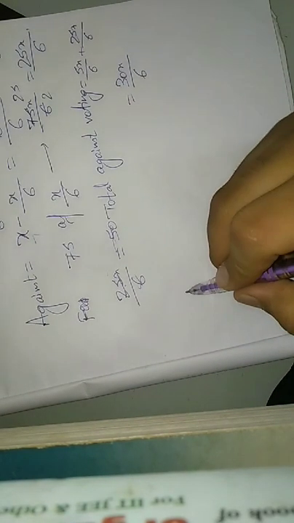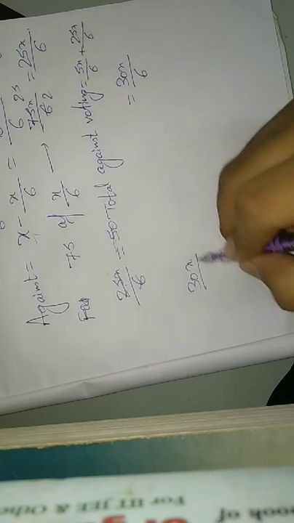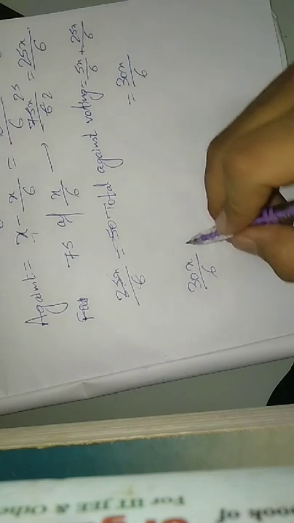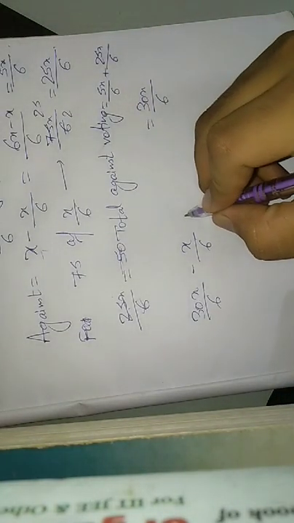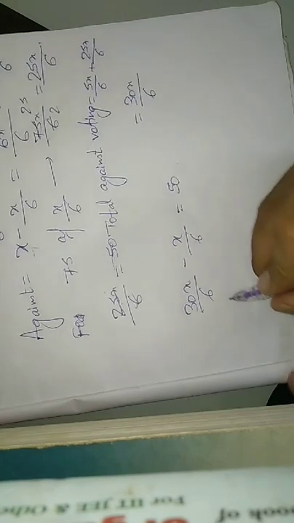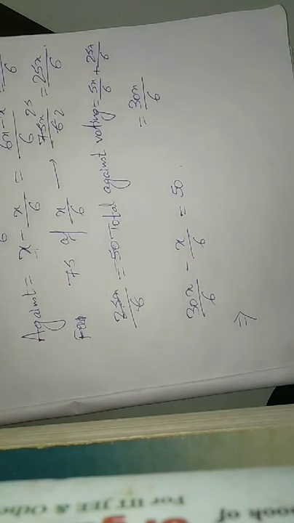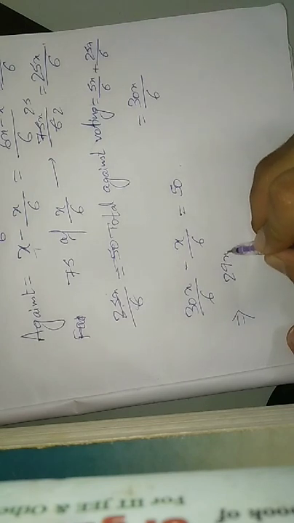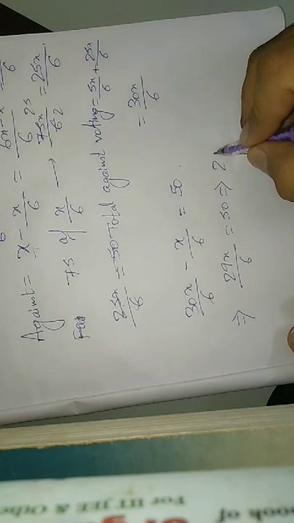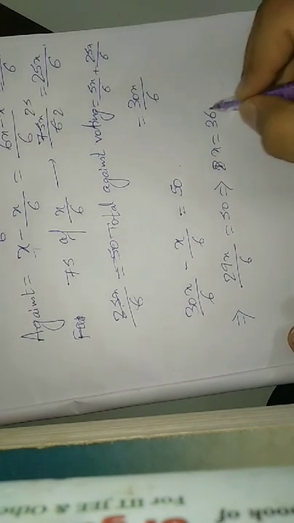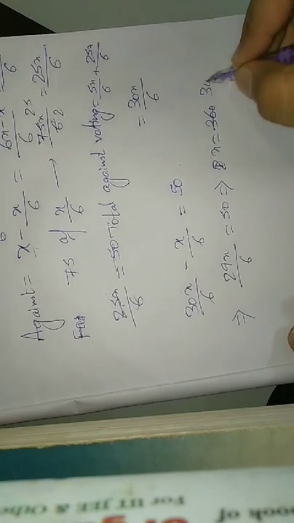The majority would not have been there, right? So this value minus x by 6, means 1/6 of the majority. They have lost the majority by 50 votes, right? So this 29x by 6 is equal to 50, which implies that 29x is equal to 300, so x is 300 by 29.